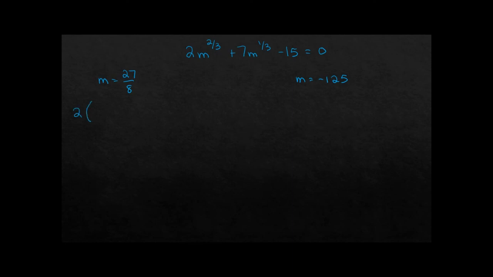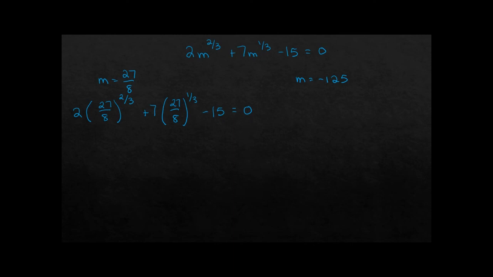So 2 times m, which is 27/8, to the 2/3 power, plus 7 times 27/8 to the 1/3 power minus 15 equals 0.